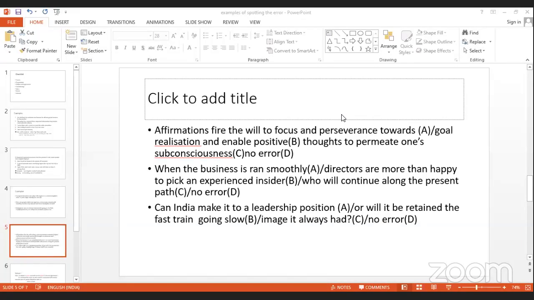Okay, Abhishek, A. Most of you know the answer. It is affirmations fire the will to focus and perseverance towards goal realization. That means our error is in answer A, so you will mark answer A. Now, what is the error over here? Here it is perseverance. Instead of perseverance, we will have persevere. I will just give you the proper spelling.